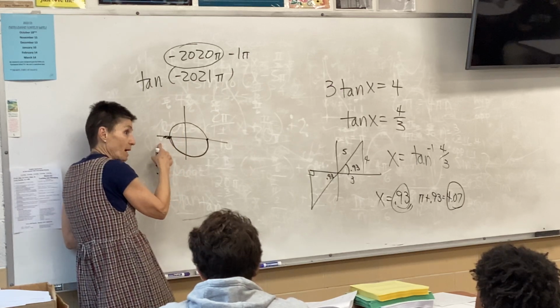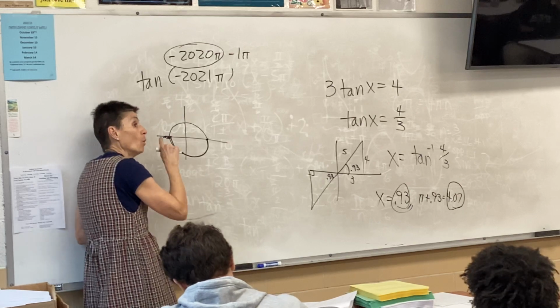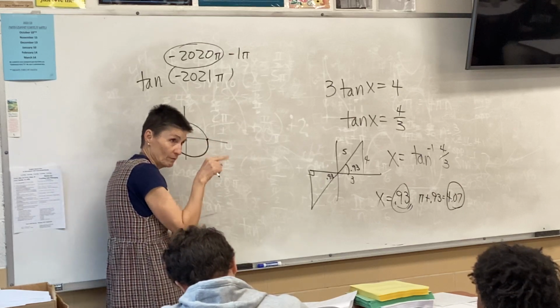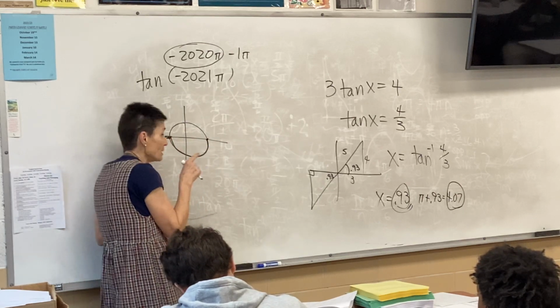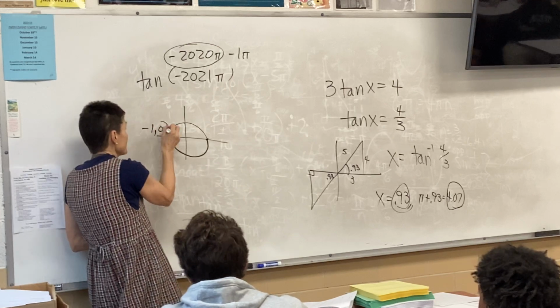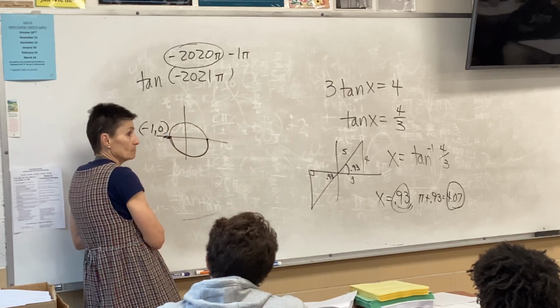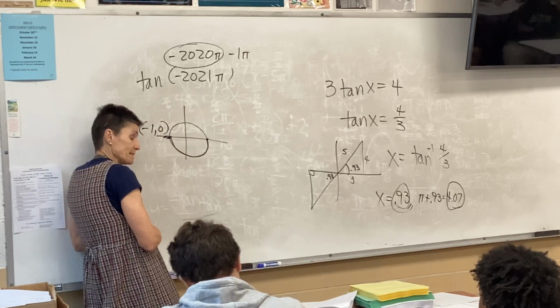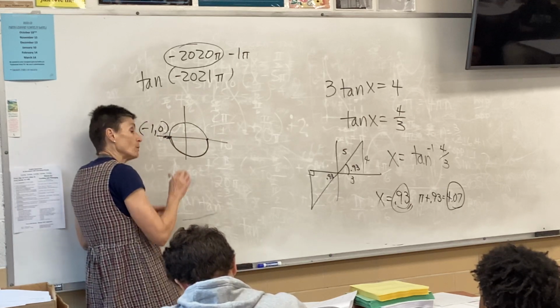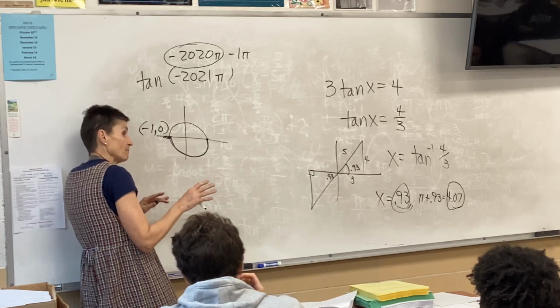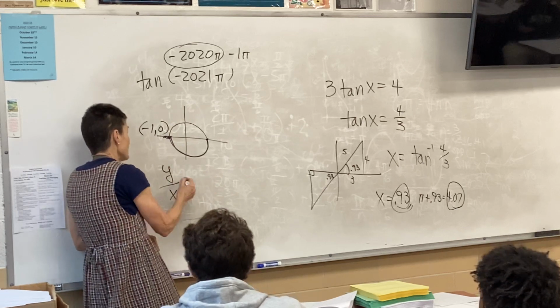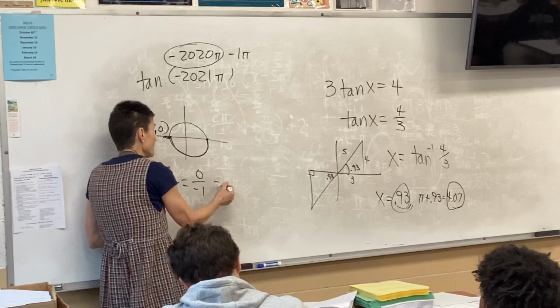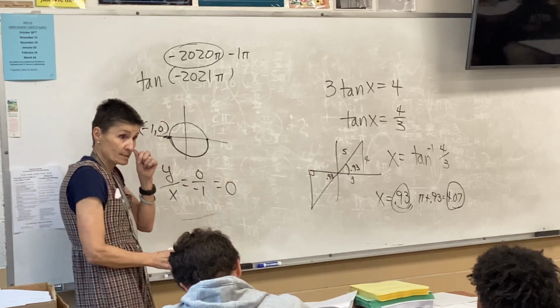That's the extra pi. Remember, only even pis are revolutions. So this is the point negative 1, 0. I want the tangent. What's tangent by definition? I know it's opposite over adjacent. What else is it? Y over x. So 0 over negative 1, the answer is 0.